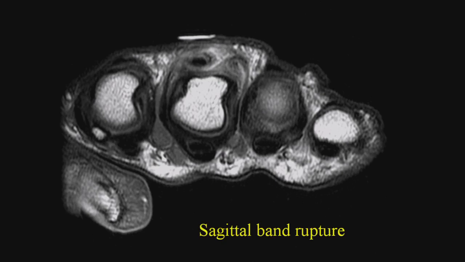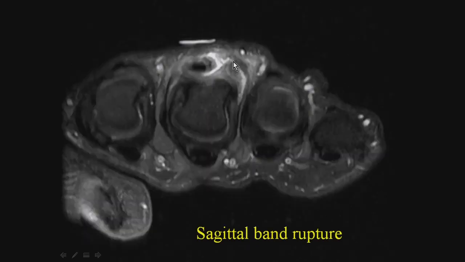The guy had a thoracic epidural hematoma from getting stabbed. But in the hand, you can see that he's got this subluxation of his extensor mechanism here radially due to a penetrating injury right through the sagittal band. This is the PD image without fat suppression, and this is with fat suppression.